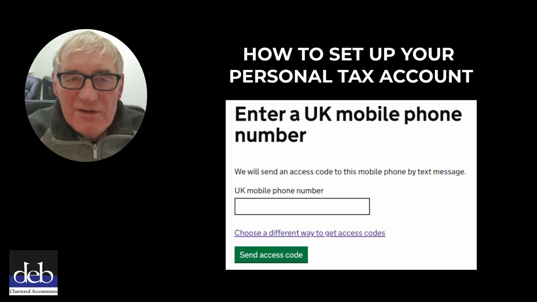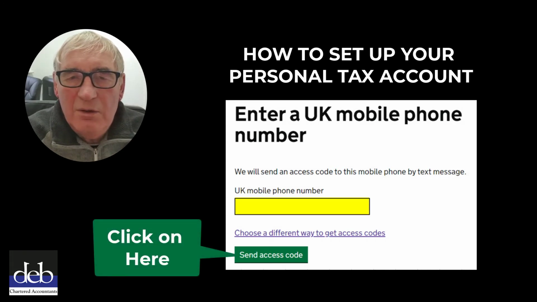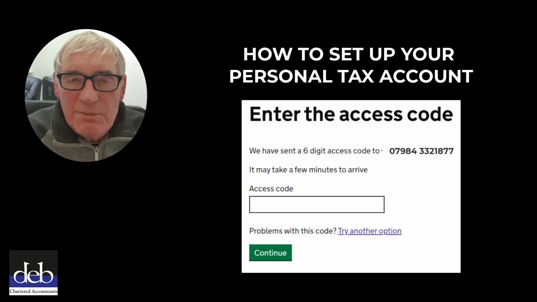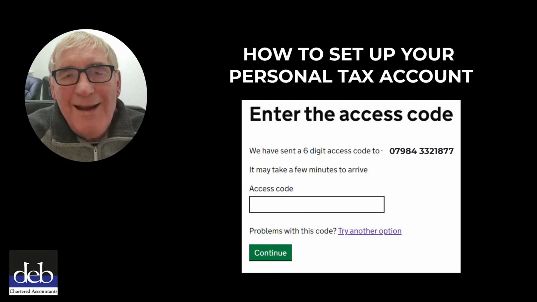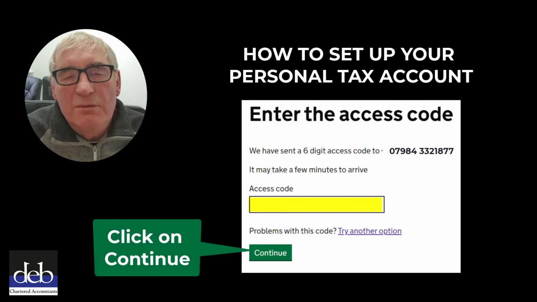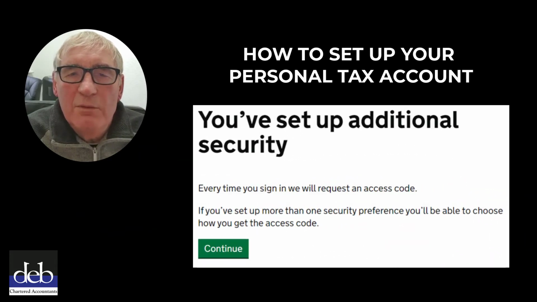On the next page, enter your telephone number and then click on Send Access Code. You'll then receive a text message on your phone containing a 6-digit access code. Type this code that you receive in the box provided and then click on Continue. The next screen confirms that your additional security has been set up.